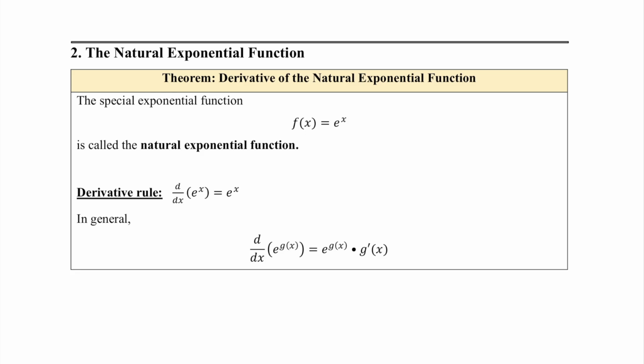We take the derivative of the outside and multiply by the derivative of the inside. So remember, an exponential function looks like a to the x. The natural exponential function is e to the x, and its derivative is itself.